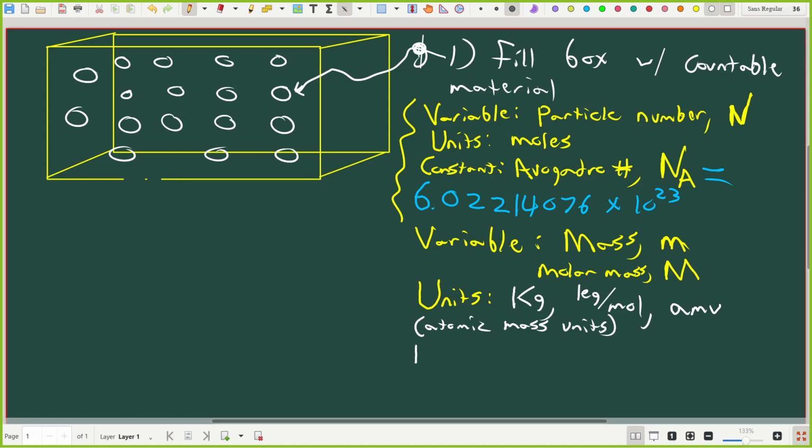So 1 AMU turns out to be, I always forget, there we go, 1.66054 times 10 to the minus 27 kilograms. And this is roughly the mass of a hydrogen atom. Hydrogen's a little bigger, it's 1.007 AMU, but the average mass of hydrogen is assumed to be about 1. That's a very useful number.